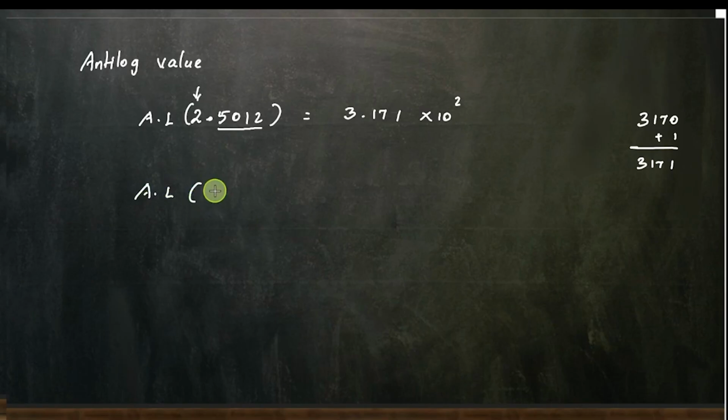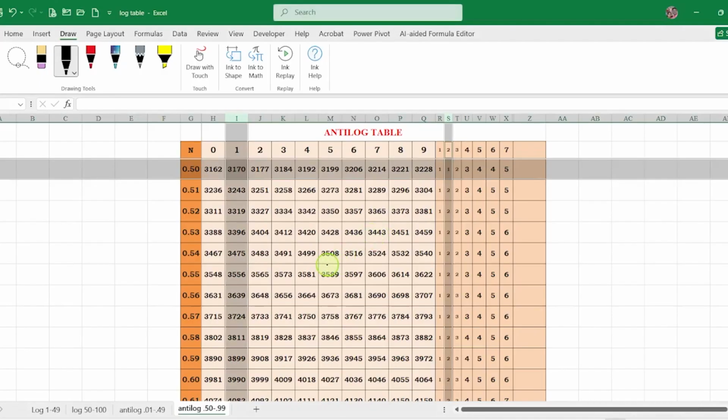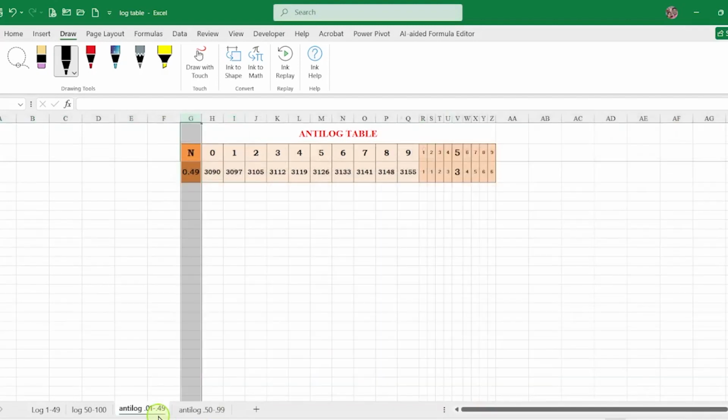If you want to find out the antilog of a number which has 3 bar 0.412, what is the hint I have given? Whatever number you have here before the decimal point has to be raised to the 10 power. Then the next two numbers have to be searched in the row 0.41.